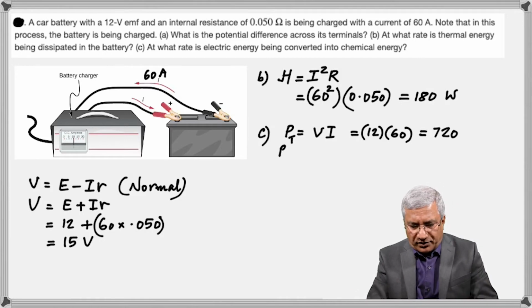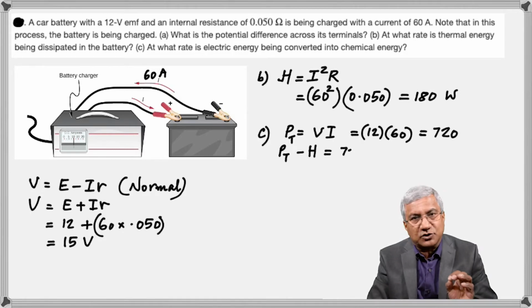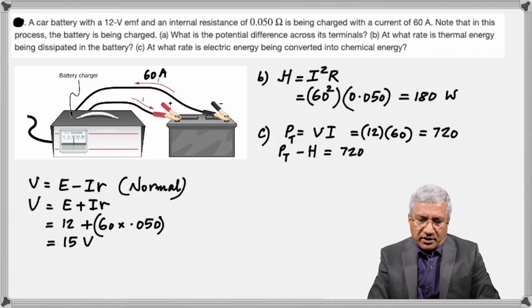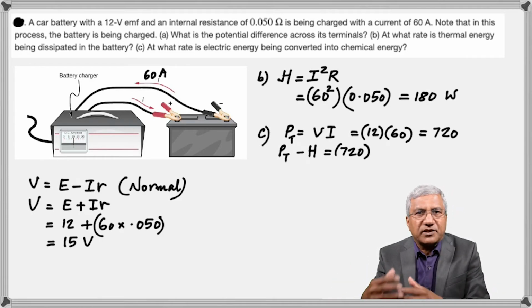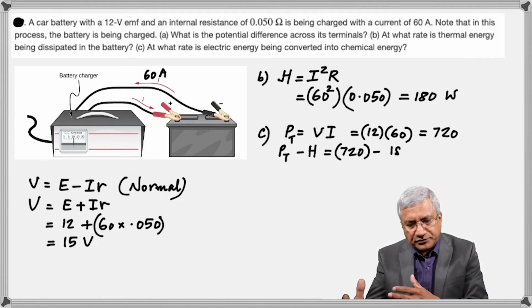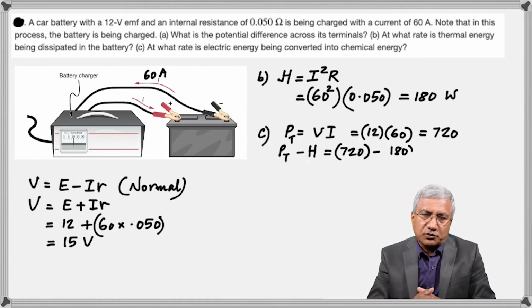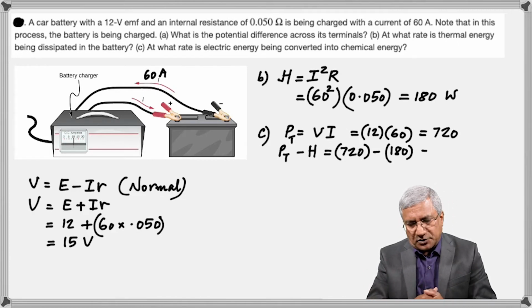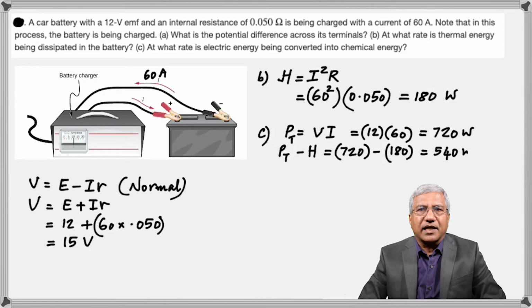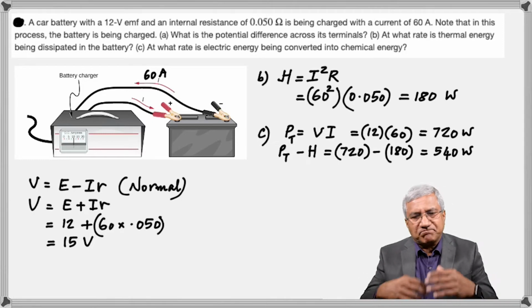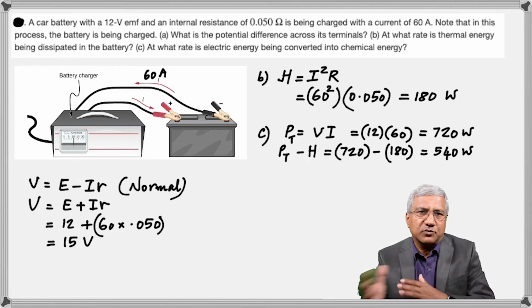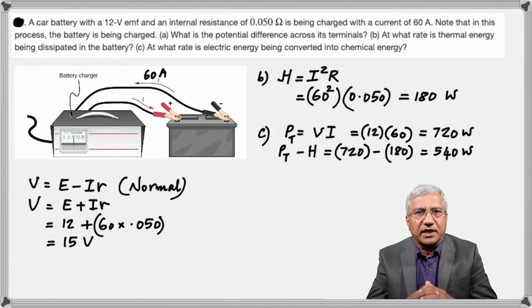We know that the total power, I called it P sub T to show that's the total power. Although that's the total power, remember that we're losing 180 joules per second, so we got to subtract that to get 540 joules per second as the actual electrical energy being converted into chemical energy.